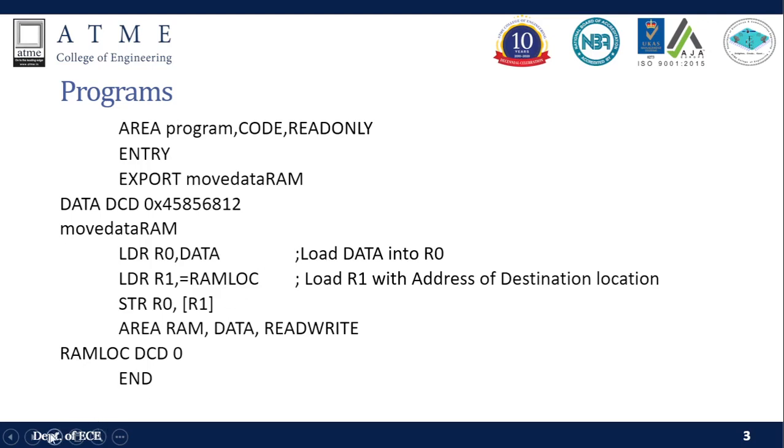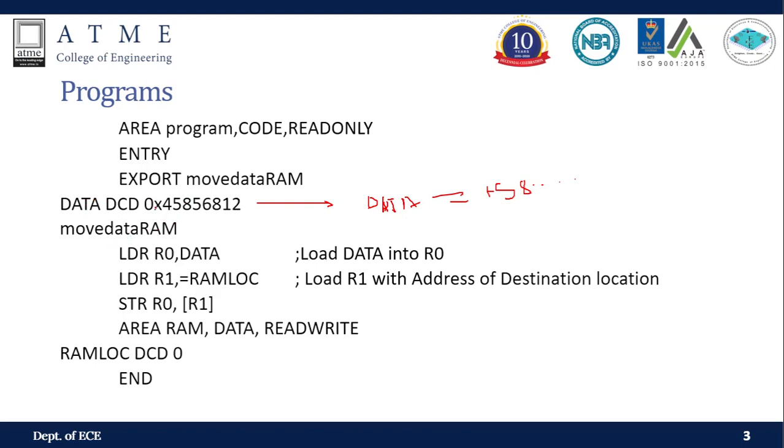So what we are saying here is nothing but data is equal to 458, whatever that number is. We are simply saying that this number is loaded into this data. So this is an assembly program, and this is the easiest way of writing that equal to operator.